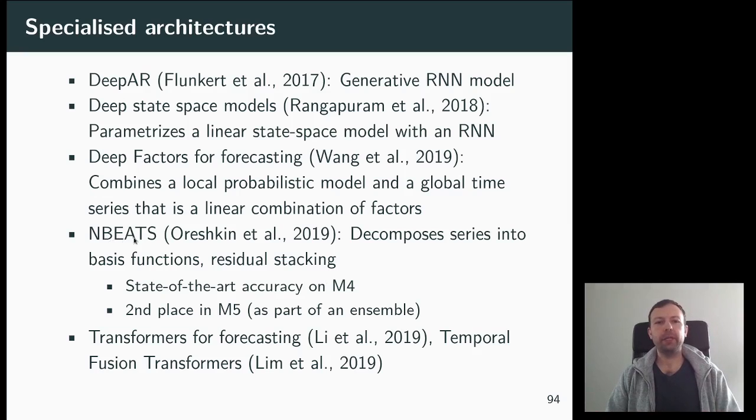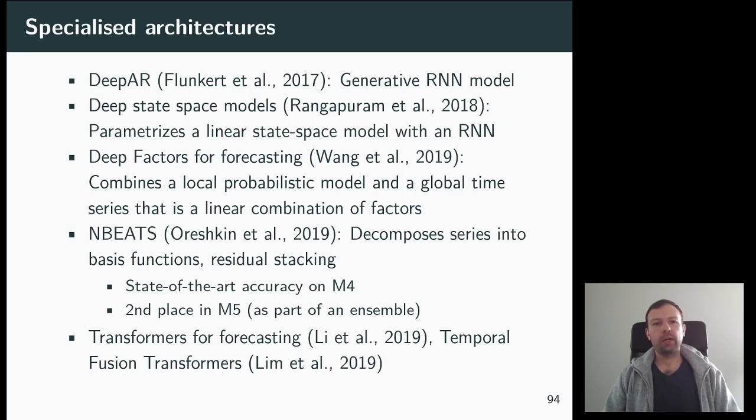Then you have N-BEATS, a model that seems to work really well, which decomposes the series into basis functions, and then does residual stacking. It achieves state-of-the-art accuracy on the M4 data set, though after the M4 had already taken place, and it was actually part of an ensemble that placed second in the M5 competition.